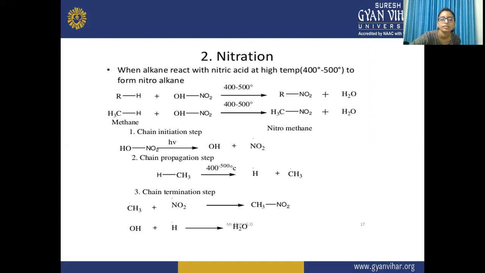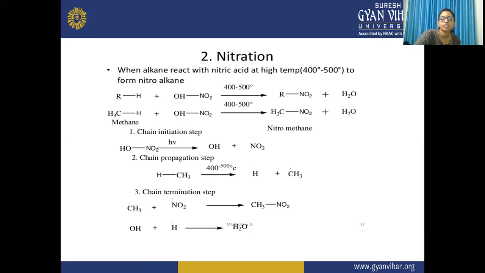Here you can see CH3H. We can write methane like this also, like CH3H and OH NO2. So here H and OH will combine and form a water molecule, and this CH3 and NO2 will combine and form a nitromethane.